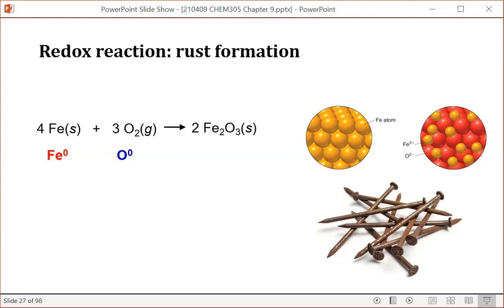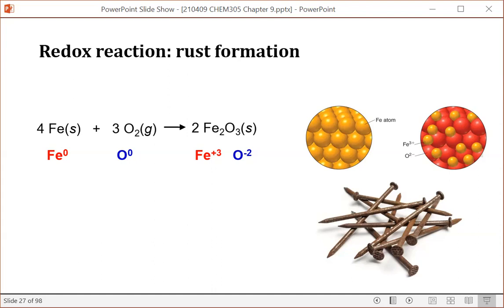Oxygen, O2, is elemental oxygen, so it's going to get an oxidation number of 0. And in our product, the first rule for oxidation numbers that we come to is the oxygen rule. So oxygen is going to have an oxidation number of -2, which means that iron will end up having an oxidation number of +3, so that they add up to 0 since iron(III) oxide is a neutral compound.